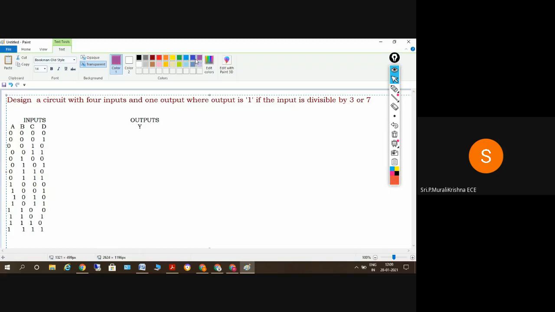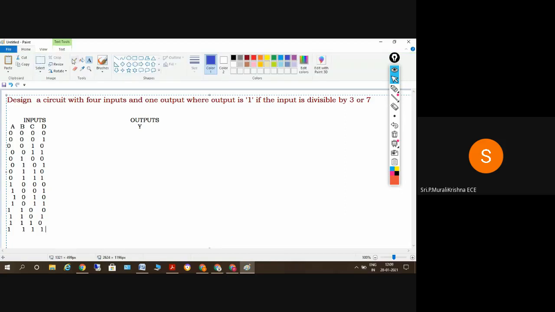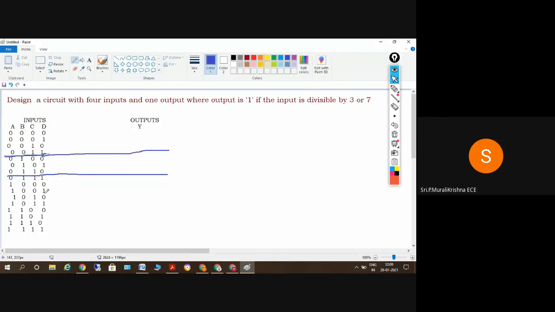So identify those inputs. 3 is divisible by 3, 6 is divisible by 3, 7 is divisible by 7, 9 is divisible by 3, 12 is divisible by 3, and 14 is divisible by 7.